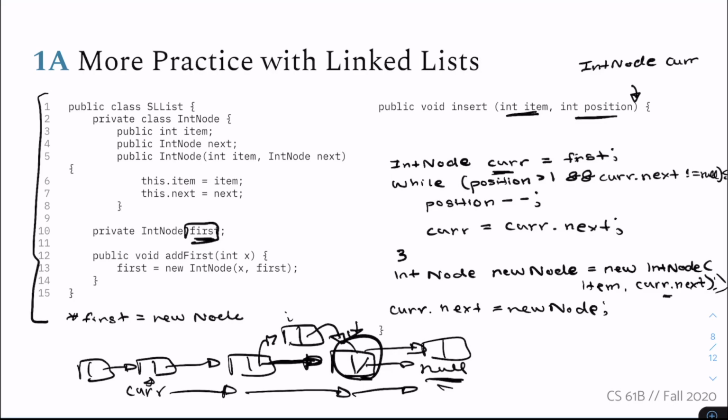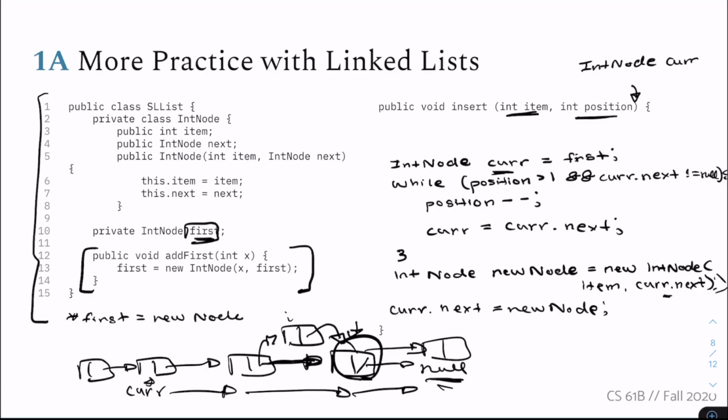So what we're going to do is create a special condition that's just if position equals 0, or if there are no items in this list, where we call this function add first.